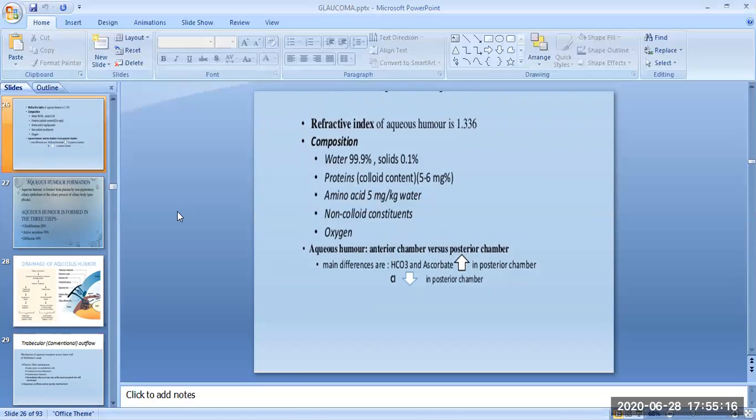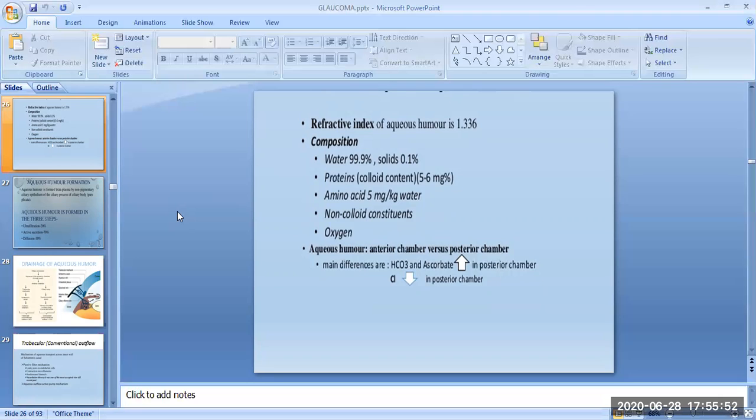Then the composition or the constituents of the normal aqueous humor are: the maximum portion is water, which is 99.9%, solids are 0.1%, which includes proteins, the colloid content. Because of the blood aqueous barrier, the protein content of aqueous humor is much less than that of the plasma. However, in inflammation of uvea, iridocyclitis, the blood aqueous barrier is broken and the protein content of aqueous is increased.